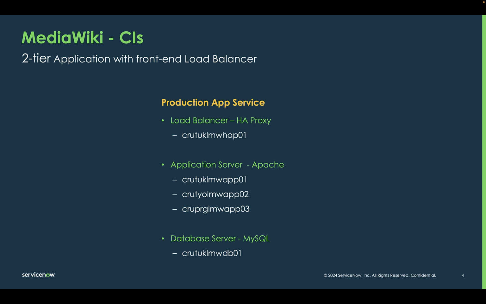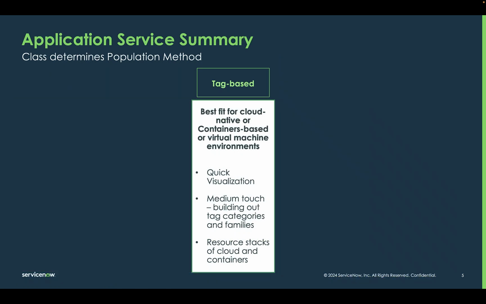So if you have on-premise virtualization like VMware or from the cloud, we will be tagging the virtual machine instances rather than the OS. And this is by design. Again, class determines population method. Tag-based are best fit for cloud-native or container-based environments, including on-premise virtual machine environments.